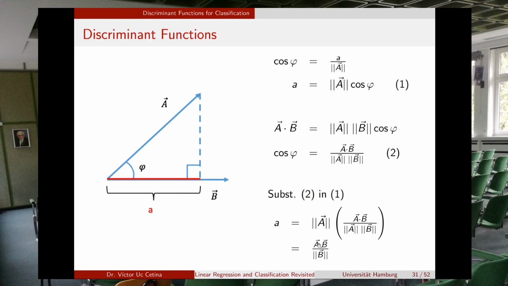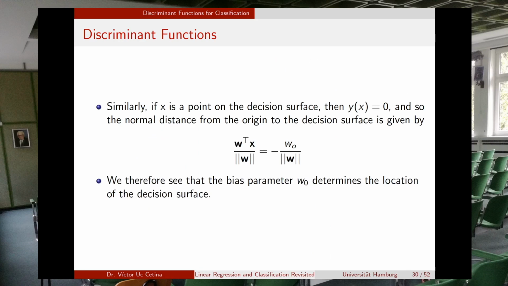Here we have vector A multiplied by vector B over the magnitude of B, which is a unitary vector pointing in the direction of B, which is exactly what we got here.